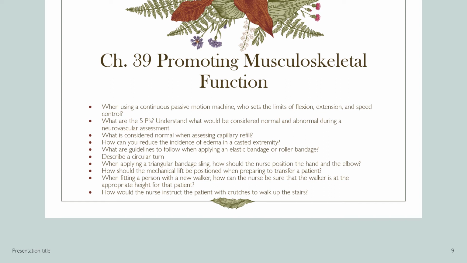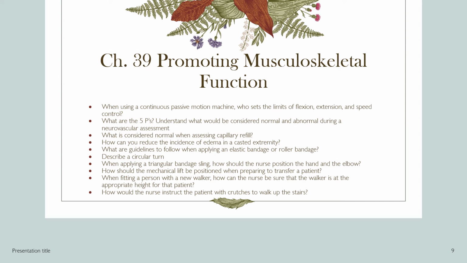What are the 5 Ps? Understand what would be considered normal and abnormal during a neurovascular assessment. So we can find this information on page 815 in box 39.3, neurovascular assessment. Now the 5 Ps are extremely important to know and memorize for your assessment purposes.